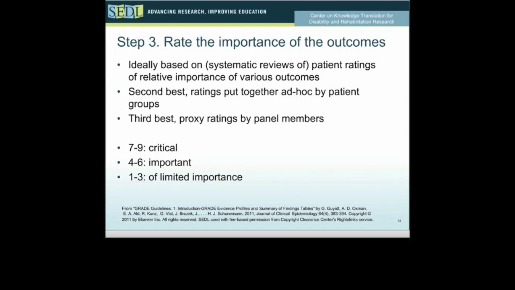Now, ideally, the importance is based on patient ratings of the relative importance of various outcomes. Even better if you have systematic reviews of patient ratings, that would be the best. Of course, we don't often have those.